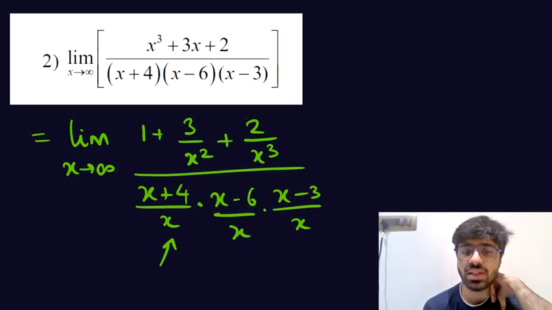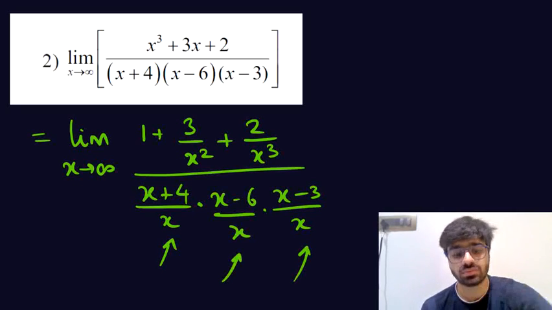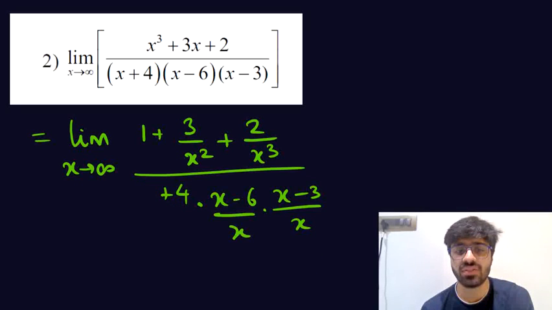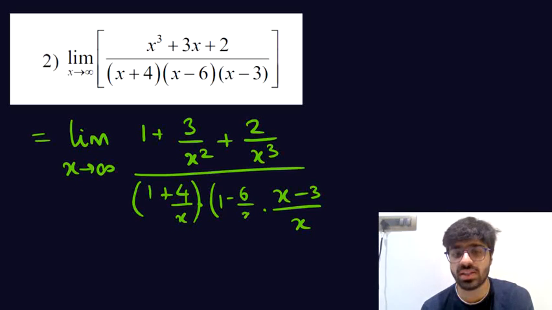See, that is how I have written the x cube in the denominator. So 1 x goes with every bracket, and in the first bracket if you split the terms, it will be 1 plus 4 upon x. In the second bracket it will be 1 minus 6 upon x, and in the third bracket it will be 1 minus 3 upon x.